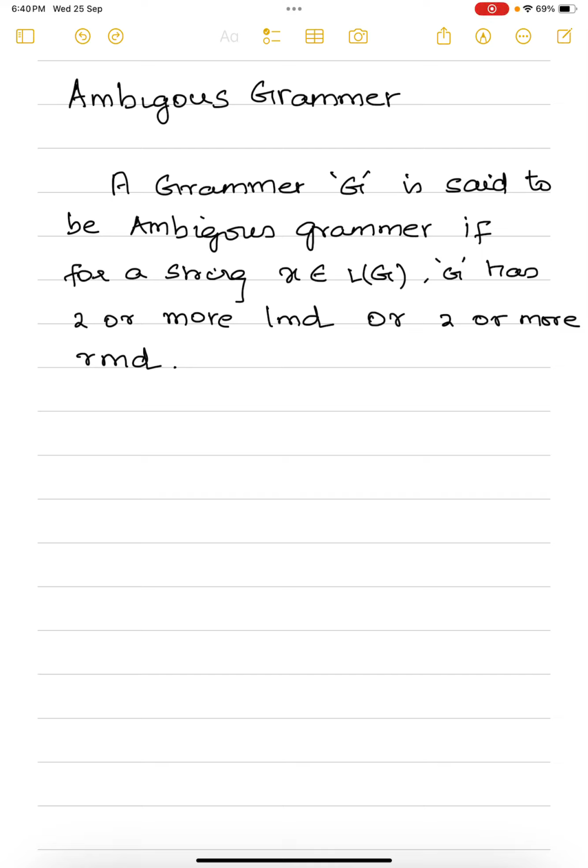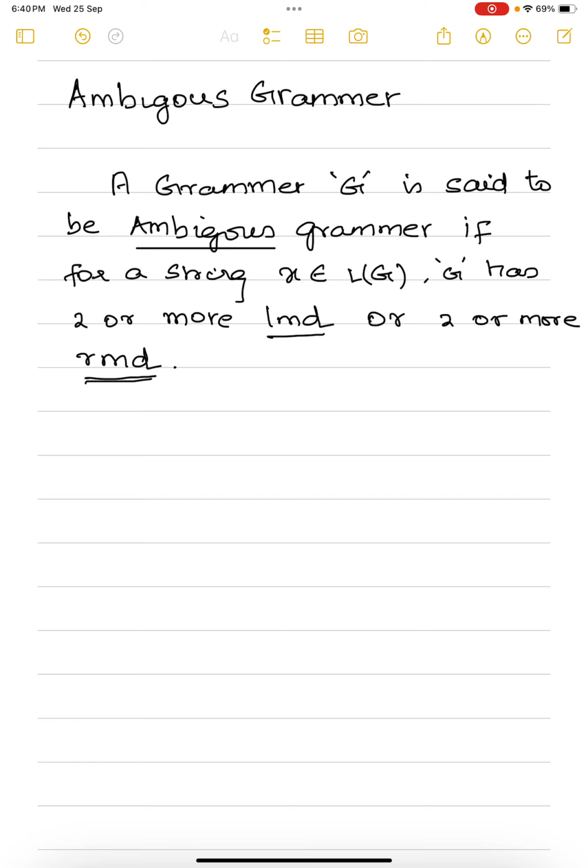Ambiguous grammar. A grammar G is said to be ambiguous if for a string X belonging to the language of the grammar, L(G), G has two or more leftmost derivations or two or more rightmost derivations. So what does it mean?